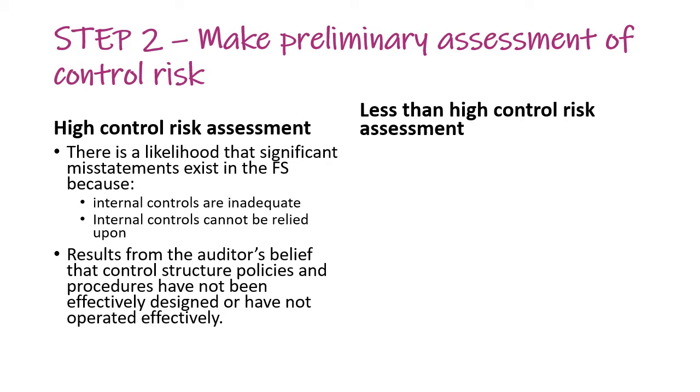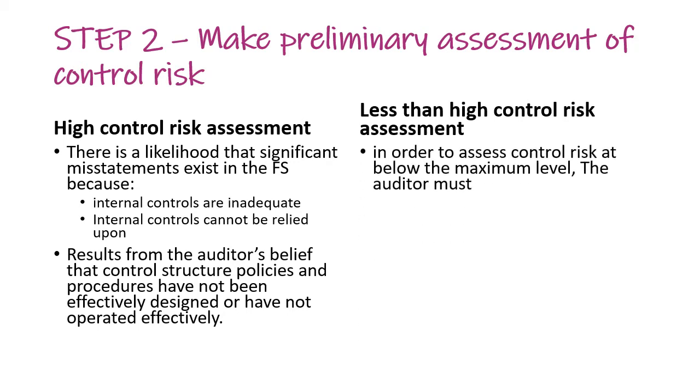We could also assess it as less than high control risk. So if we do so, if we think that the internal controls are strong or effective, what should the auditor do?